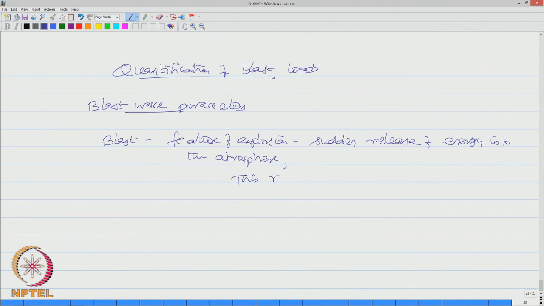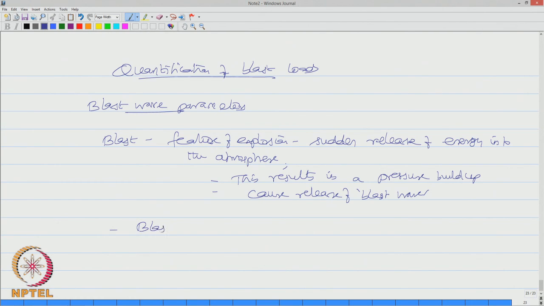This results in a pressure build up which causes release of what we call as a blast wave.